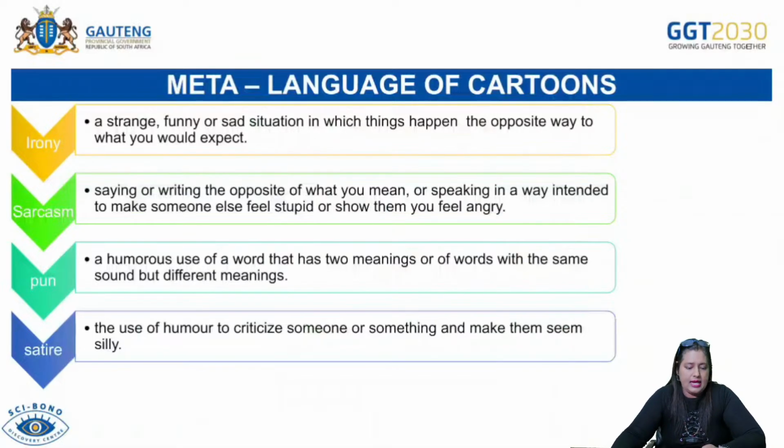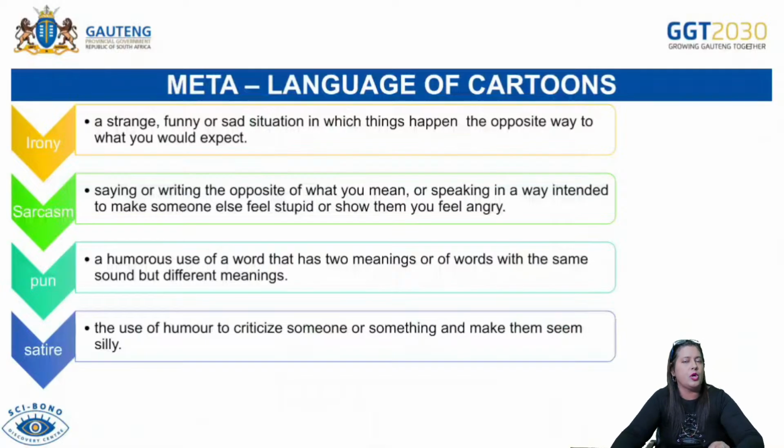Go over sarcasm, where we're looking at saying or writing the opposite of what you mean, for example, or speaking in a way intended to make someone feel stupid or also show them to be angry. Right, so that is the difference between irony and sarcasm.